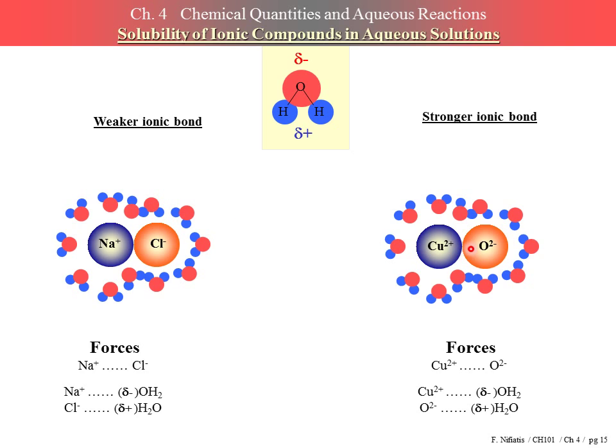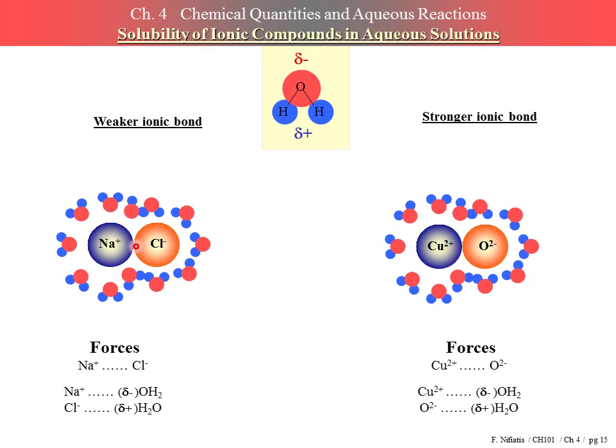If we go to the other side, we have this electrostatic interaction between the copper and the oxide. We have this electrostatic interaction between the copper 2+ and the oxygen, and then we have these electrostatic interactions here between the hydrogen and the oxide.